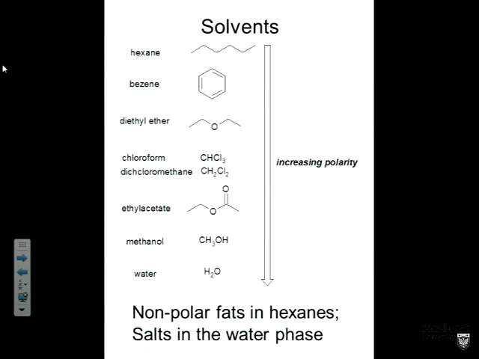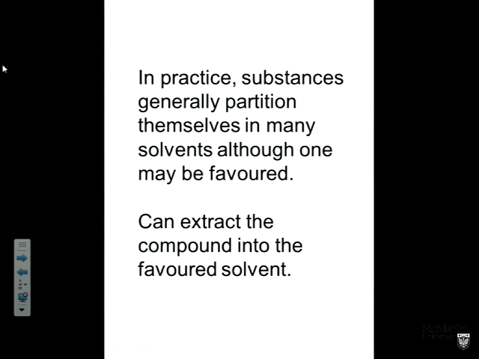So the like-dissolves-like idea tells us that nonpolar fats and lipids, compounds that are very nonpolar, very fatty, dissolve in hexane, whereas very polar compounds such as salts, sodium chloride, of course, are not soluble in hexane, but soluble in water. So we have this series of increasing polarity solvents, organic compounds that are readily available, cheap, and available in large quantities. And this is, in fact, the sequence that we would use to elute compounds off a chromatography column for the same reason, as we'll see.